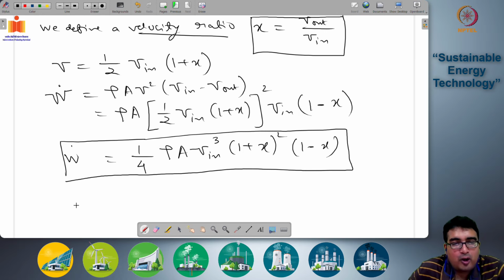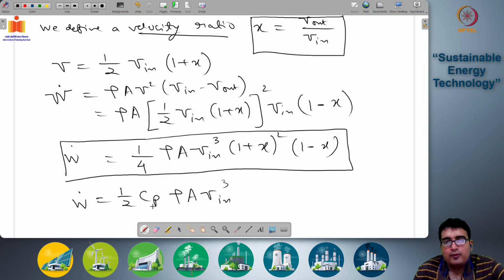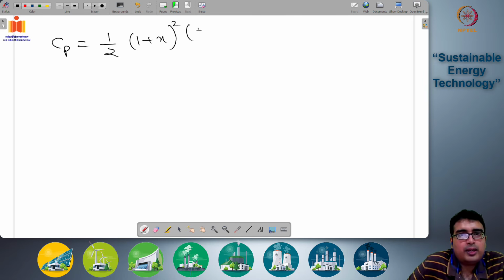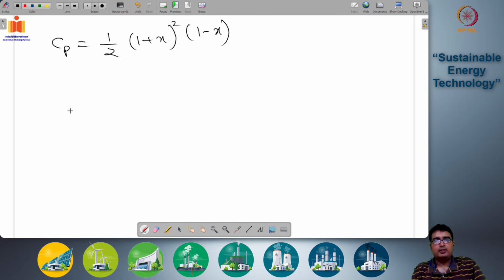But note, our original expression for W dot was half Cp rho A V in cube. So if you compare these two, you have rho A V in cube here. Instead of half Cp, we have 1/4 of this. Okay. So this means that your Cp is given by half, 1 plus X whole square into 1 minus X. So this is your expression for power coefficient in terms of the velocity ratio V out by V in.